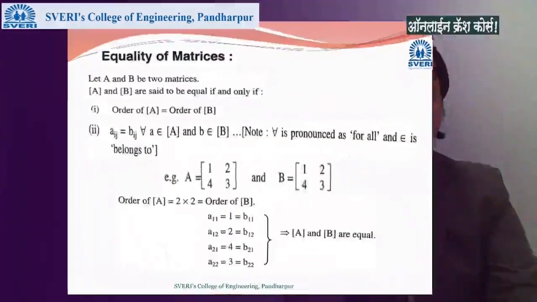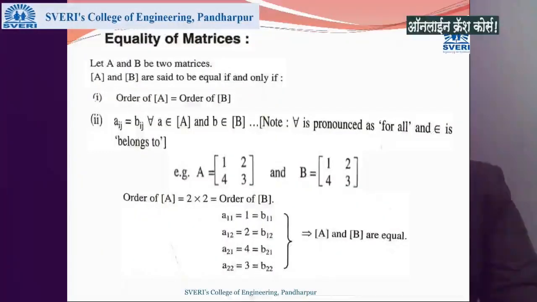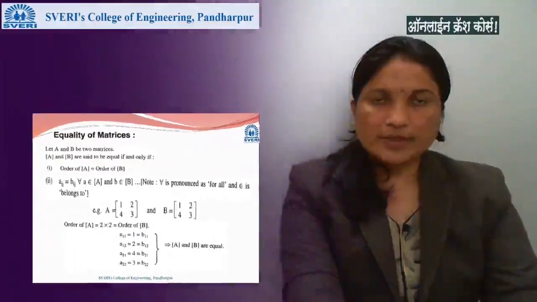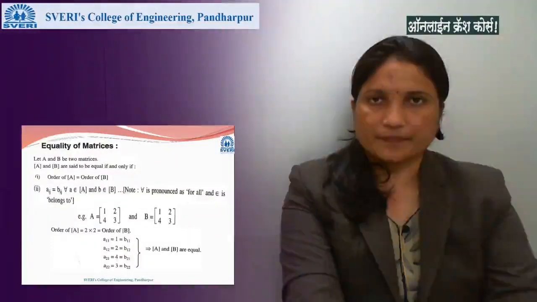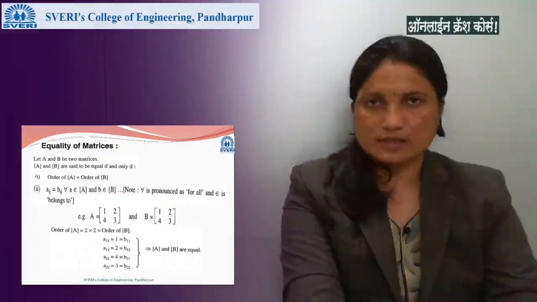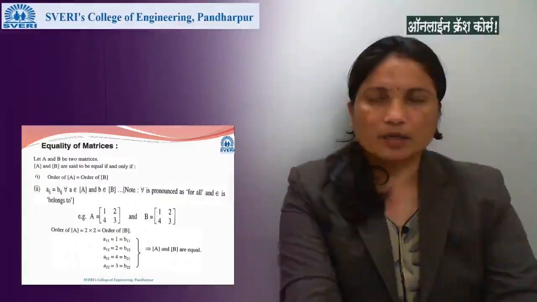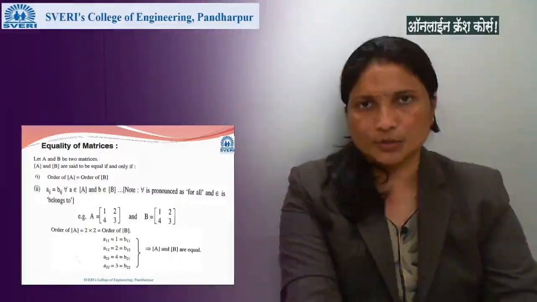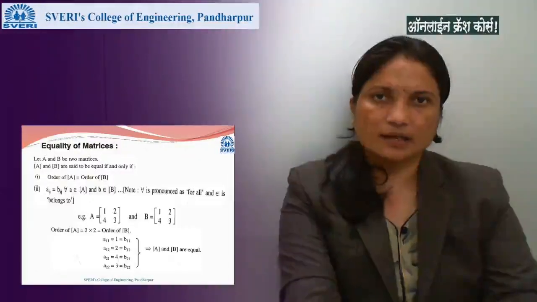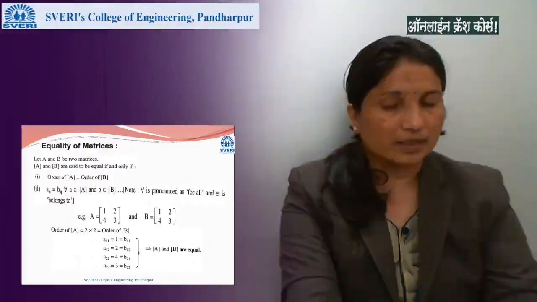Then equality of matrices. We can say that two matrices are equal if the order of A and the order of B are the same. Means a matrix A with order 2 and a matrix B with order 2, then we can say that these two matrices may be equal.